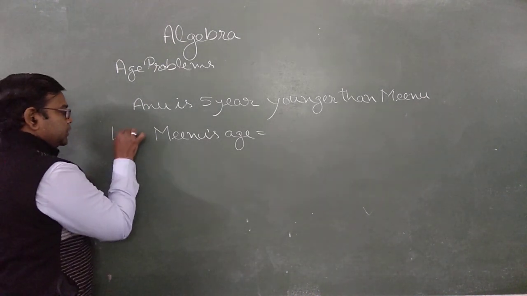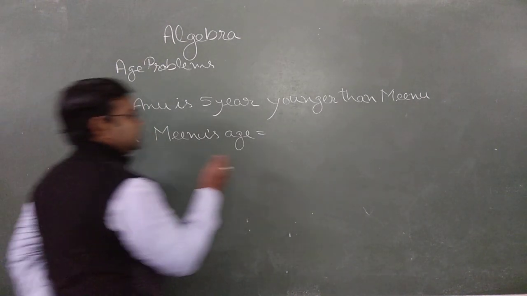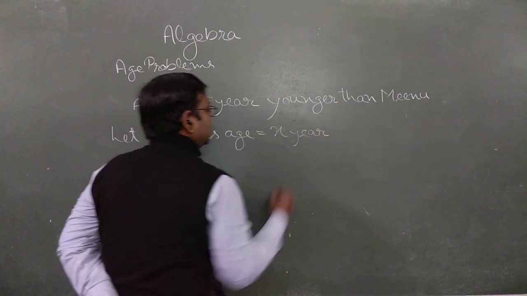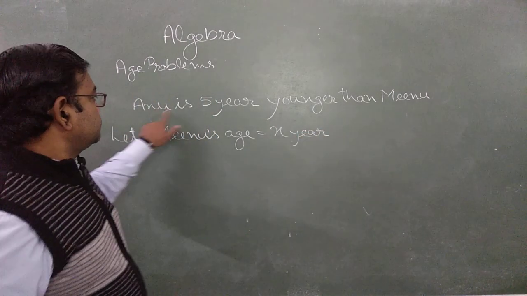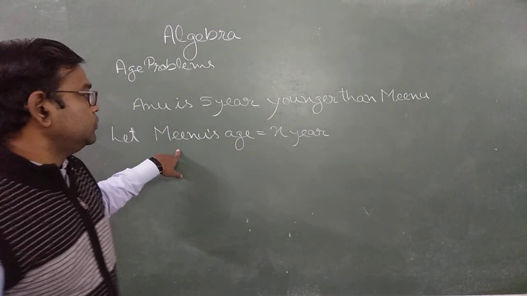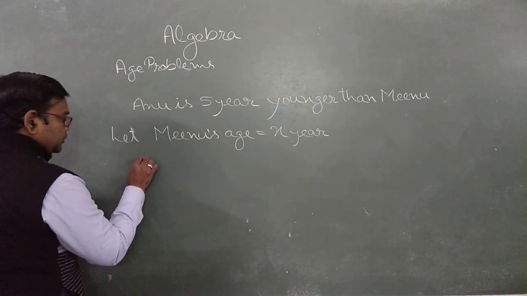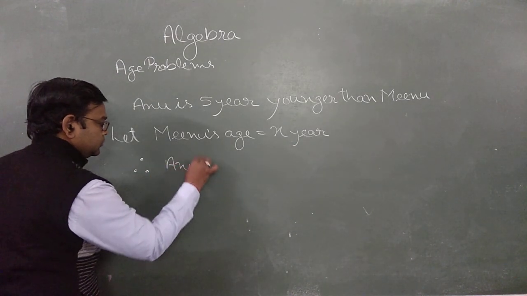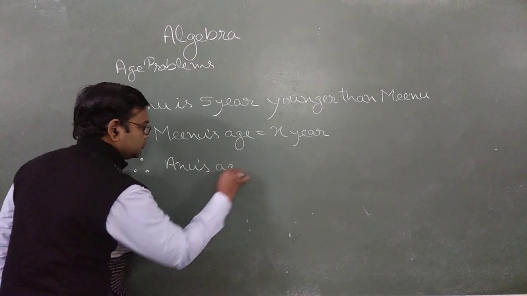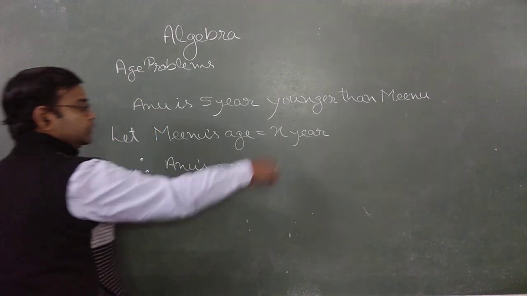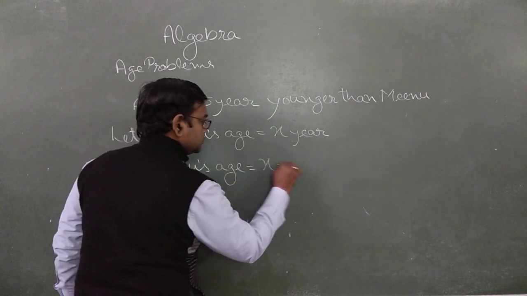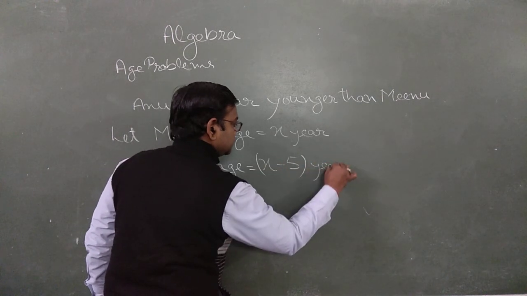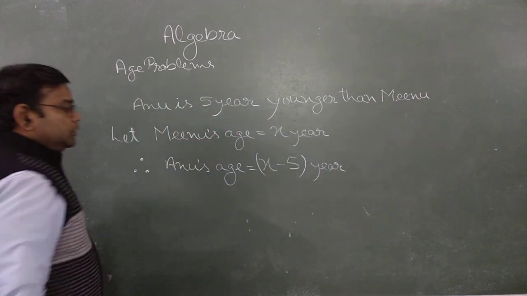We can write: let Minu's age be X years, and we know that Anu is 5 years smaller than Minu, so therefore, this is the symbol of therefore, Anu's age is the variable X minus 5, always use brackets and write years. Clear?